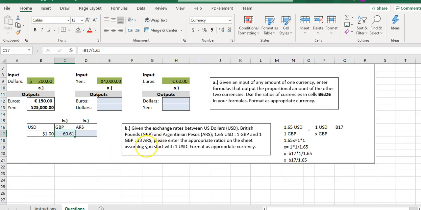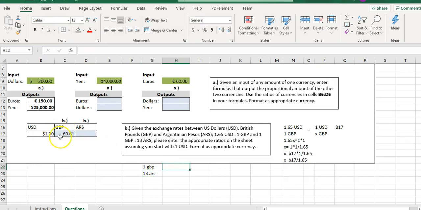So now to do the Argentine conversion, we have a different calculation here. Notice it says 1 British pound equals 13 pesos. So I'm going to come down here because I don't have room up there. We're going to do 1 British pound is the same thing as 13 Argentine pesos, right?